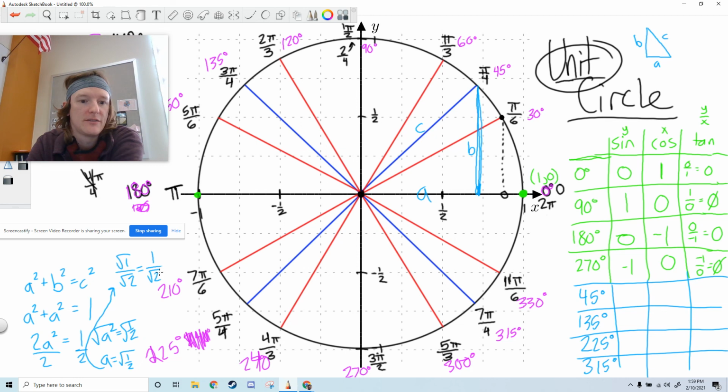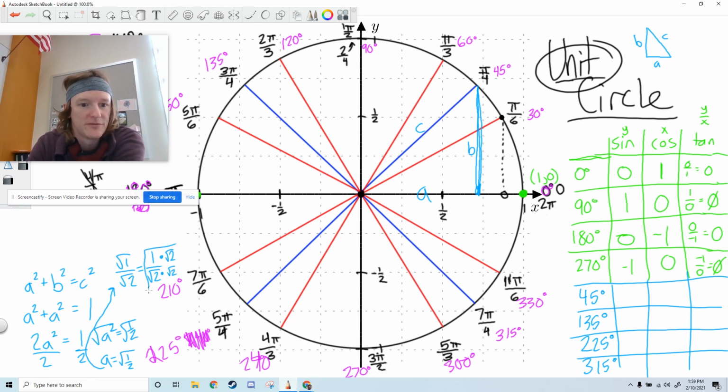Now we're not allowed to have a square root in the denominator. So what we need to do is multiply both of these by the square root of 2. I know these are probably super confusing. Square root of 2 times square root of 2 is 2. The number that multiplies by itself to make 2, times that same number, makes 2. So on the denominator we get 2, and on the numerator we have square root of 2.